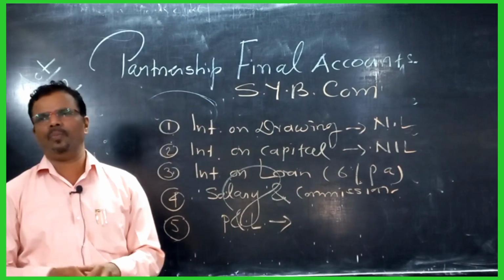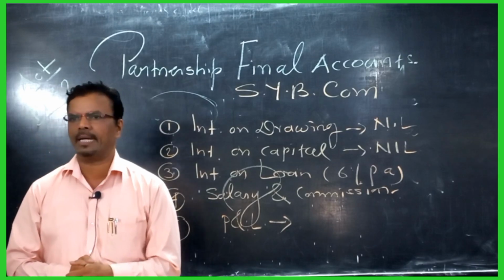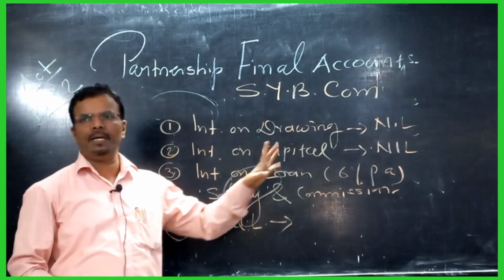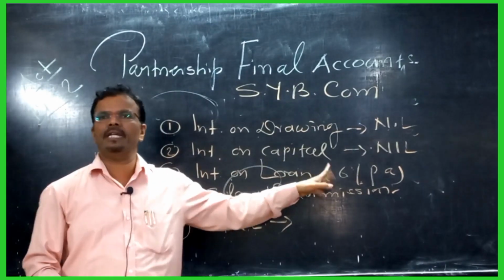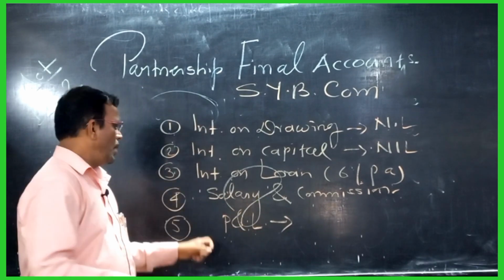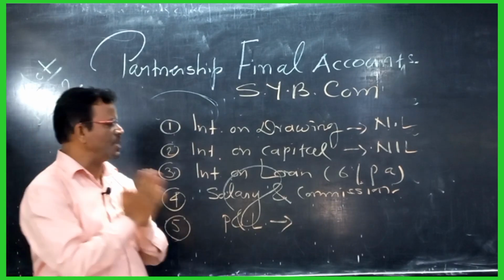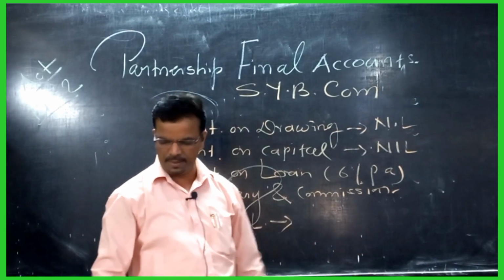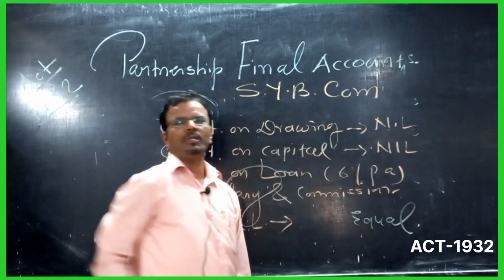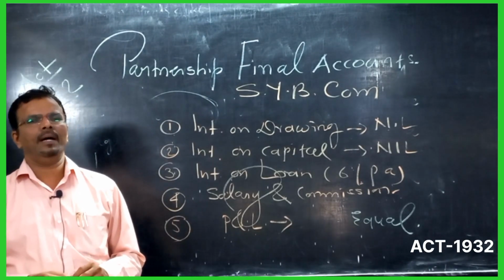So these are the 5 very important features while solving partnership final account. See once again: interest on drawing nil, interest on capital nil, interest on loan 6% per annum, salary and commission nil, profit and loss as per the agreement, and if nothing is mentioned, equal, equal and equal. So this is the second point in final account.